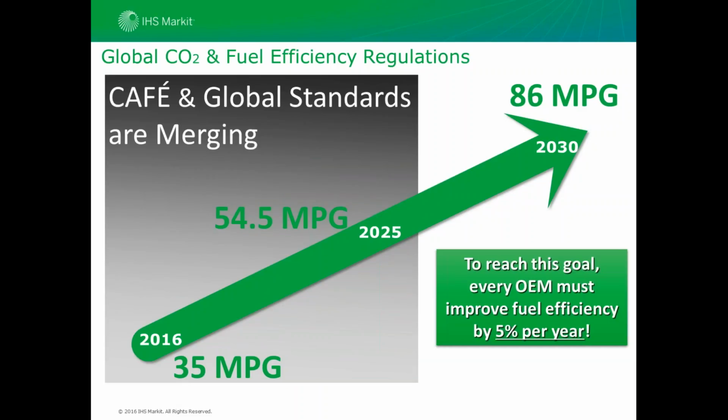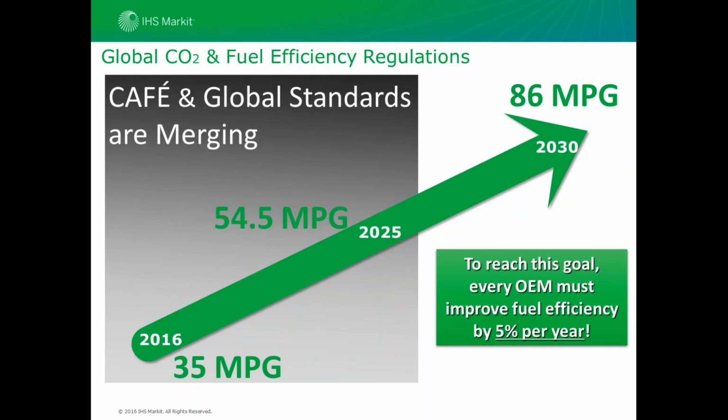Obviously, the global CAFE standards, the global CO2 and fuel efficiency regulation, are having a major impact on OEMs and the types of vehicles and powertrains that we're making. Right now, the standards stand at 54.5 miles per gallon by 2025. Prior to the election that just occurred, the global standards were beginning to zero in on 86 miles per gallon by 2030.